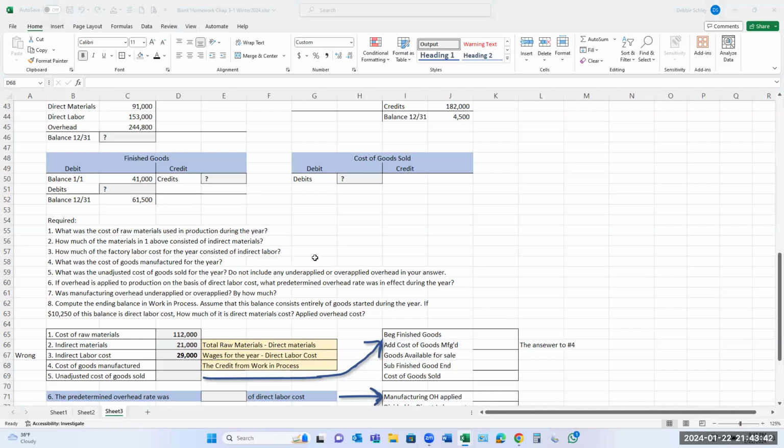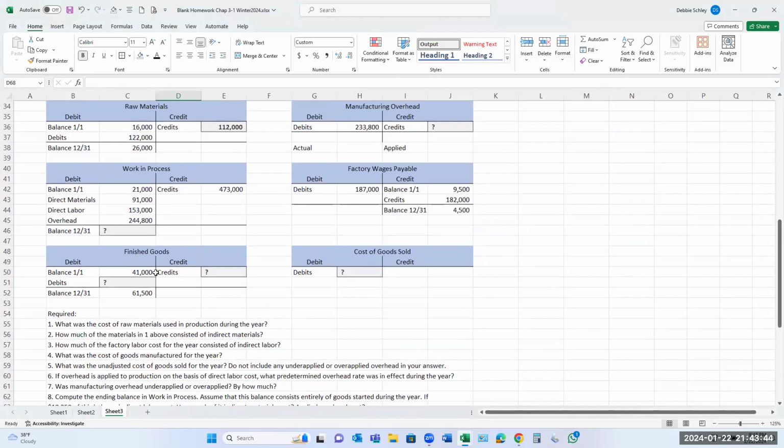So let's see. We know that when something is a credit in work in process, it credits work in process, and then it debits finished goods. So this question mark equals that number right there.